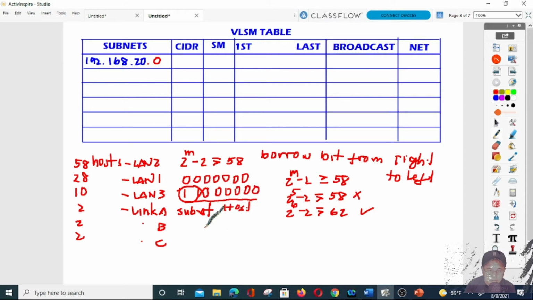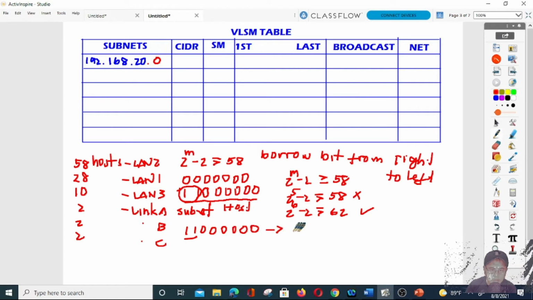So the new subnet mask now has 2 subnet bits and 6 host bits. What will be the value of these two? This is 128 plus 64.